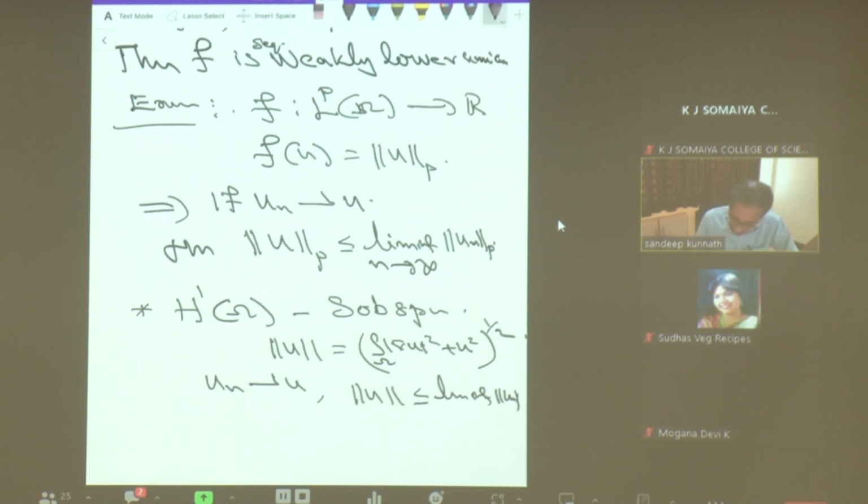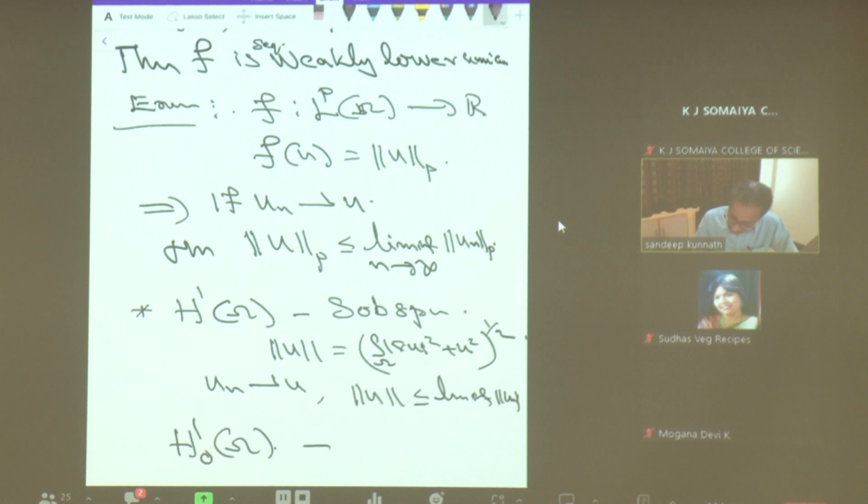Another example is, yesterday I also introduced the space H^1_0 of omega, which was a subset of H1 of omega. There was an equivalent norm, the integral over omega of gradient of u squared, to the power 1/2.